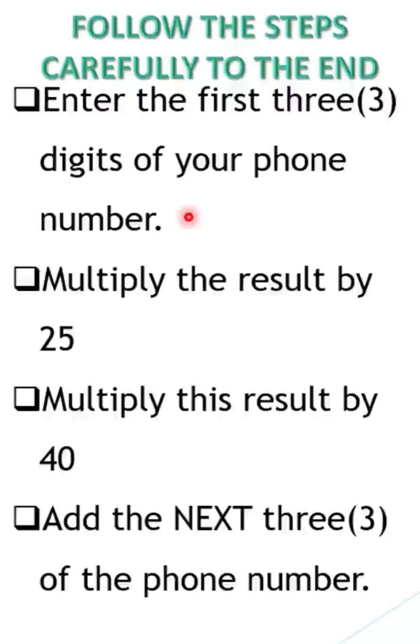The next, you ask the person, multiply the result by 25. And then you multiply this result again by 40. And now you add the next 3 digits of the phone number. That is it. Continuation. Now, after you got the answer, multiply the answer by 50 again.